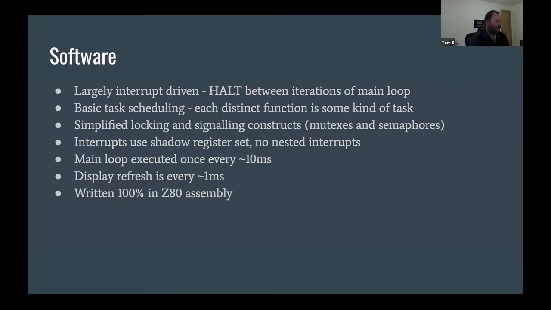The way that all of these are orchestrated is through some locking and signaling constructs, so things like mutexes and semaphores. Mutexes I use essentially to determine which application owns the foreground.